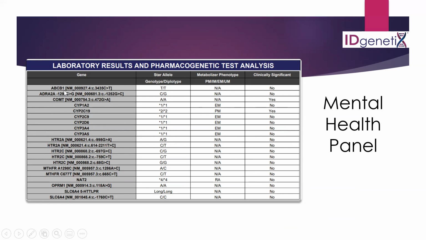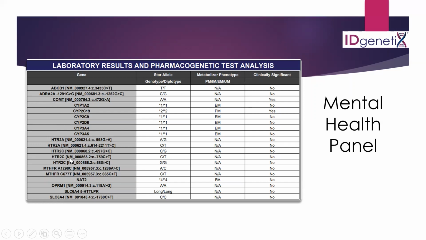So the ABCB1 is more for the absorption of medications. ADRA2A is for the methylphenidate metabolism. COMT, people have thought about it as a personality gene, and the HTR2A is for if the patient is more prone to the side effect profile of an SSRI.